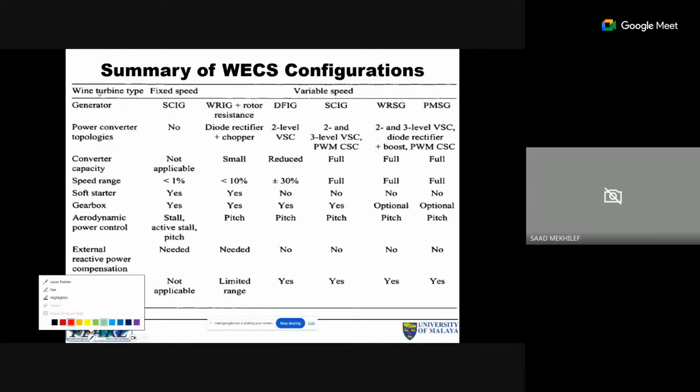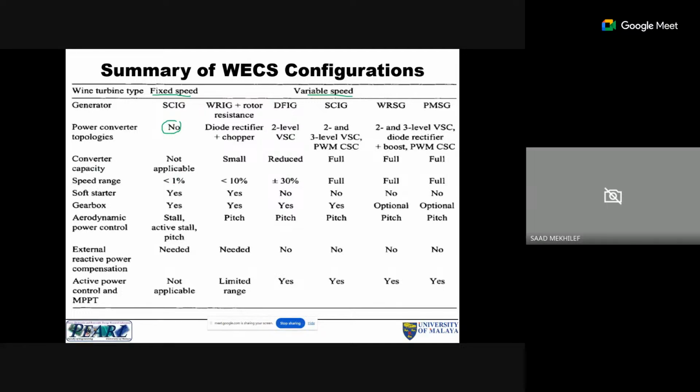If you remember, the wind turbine types, we classify them based on either fixed speed or variable speed. Under the fixed speed, we have seen a number of them, especially the synchronous generator.